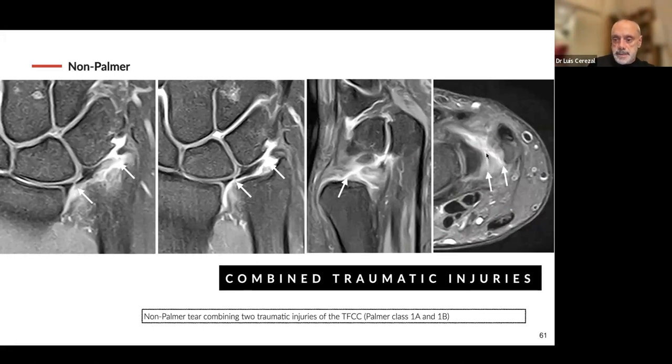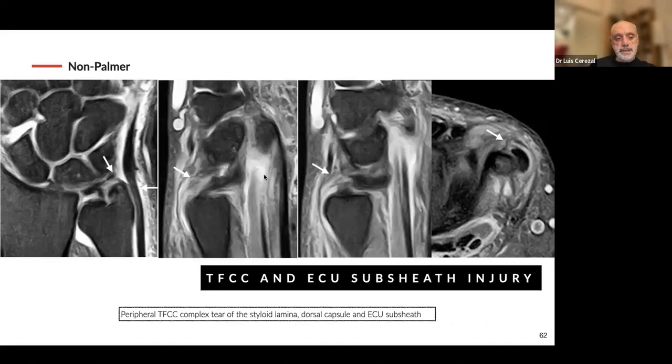In axial images, we see two linear images representing these two points of tear of the TFC, associated with the combination of two types of injuries, Palmer class 1A and Palmer class 1B.